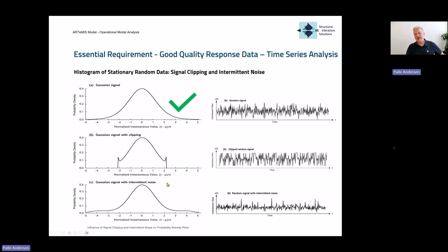The same goes if you have, let's say, outliers, some significant spike values. They are not happening very often, but when they are happening, they are really big. That also causes trouble, because then you will have a few very large amplitudes from these outliers, and that gives rise to some more volume out here and also here in the tail of this distribution.